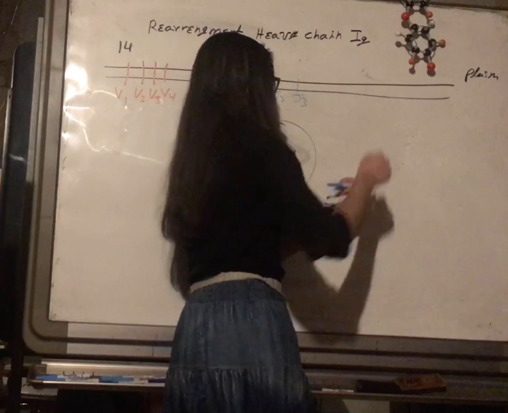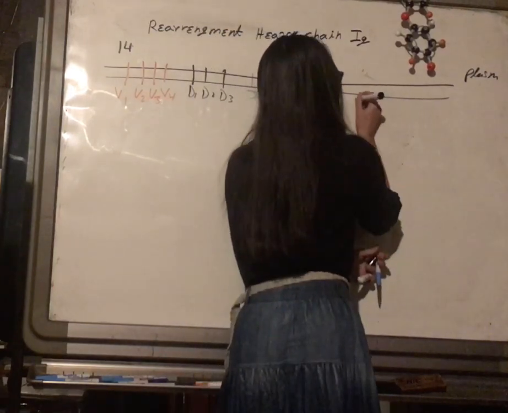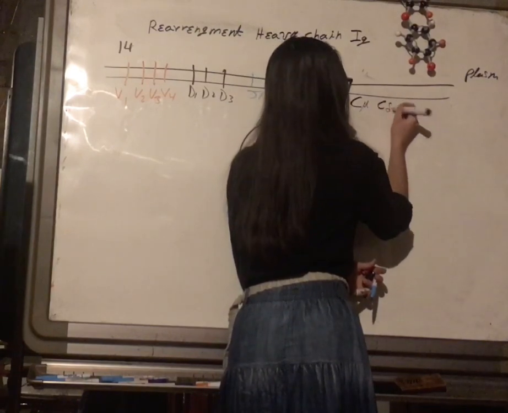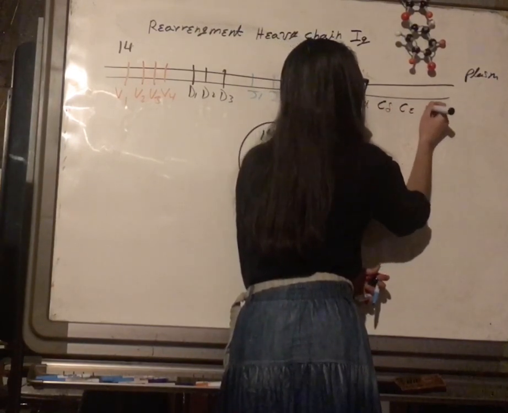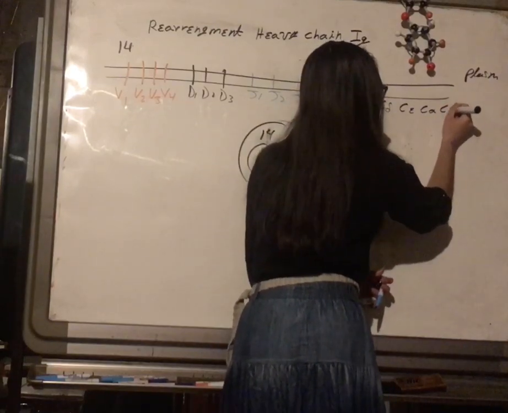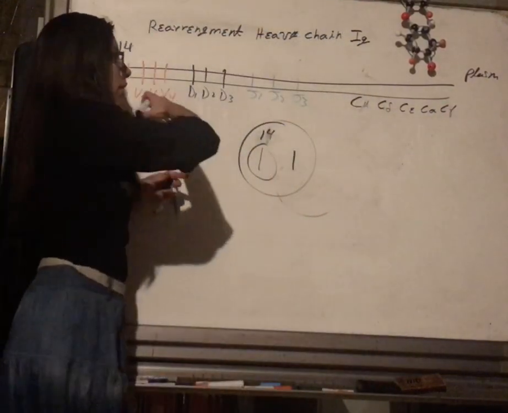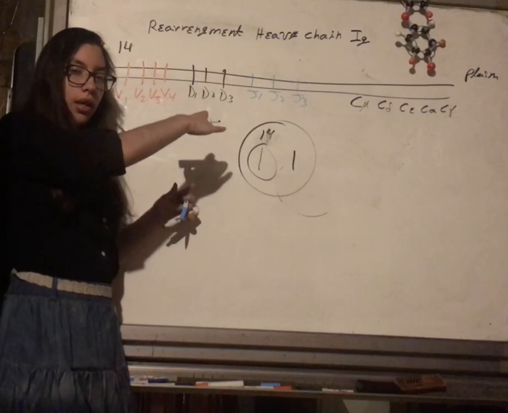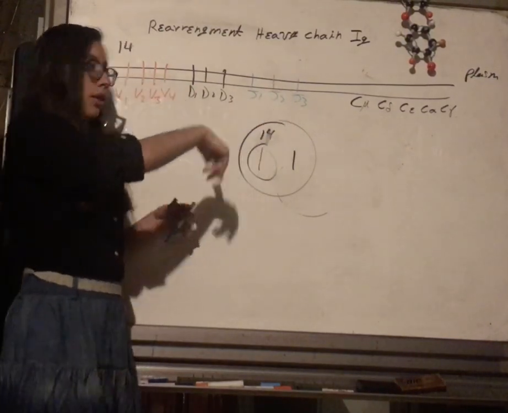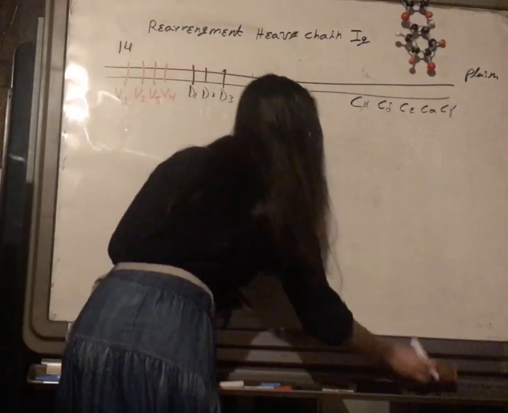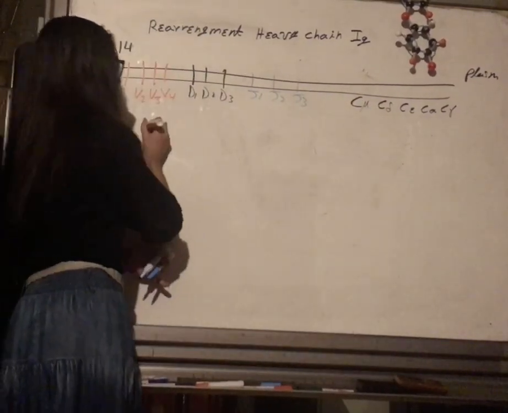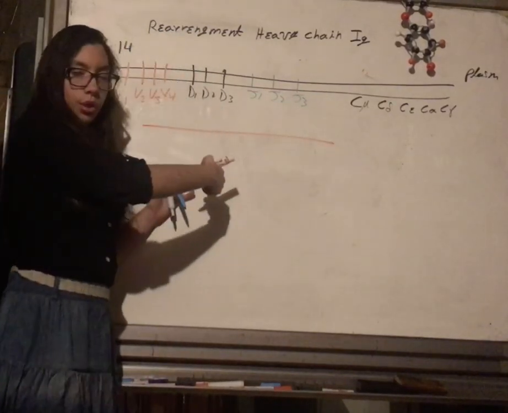And here we have something that is called C, and we can have C mu, C delta, C epsilon, C alpha, or C gamma. So we know that this is DNA, and we know that DNA is transcribed into RNA. So from this DNA, we're going to synthesize some RNA. This RNA is going to mature.